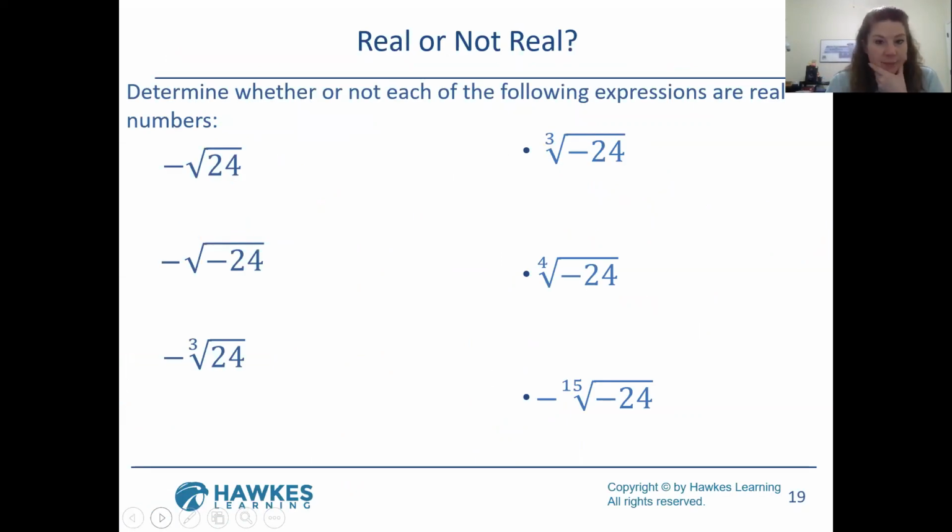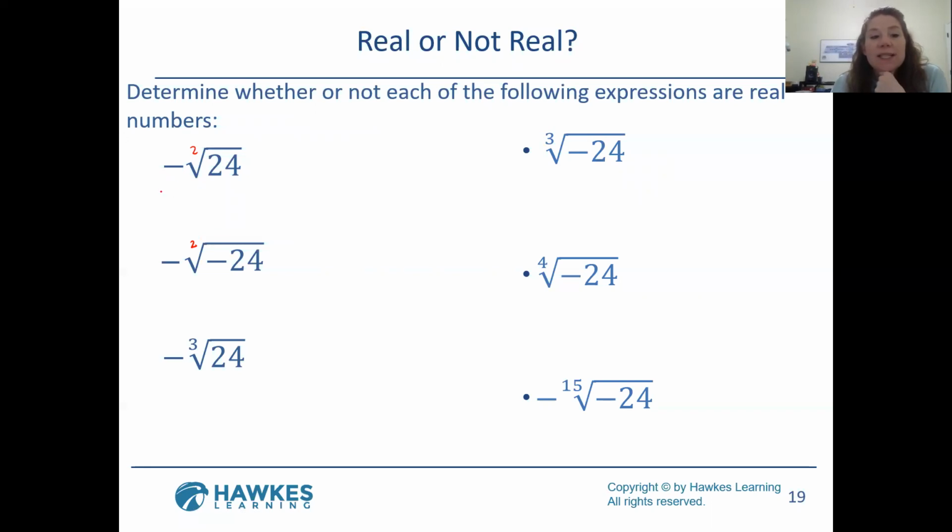So let's look at these examples. So remember, if you don't see a number, it's 2, right? So we could find the square root of 24, which is, you know, what would it be? 4 square roots of, no, it would be 2 square roots of 6.